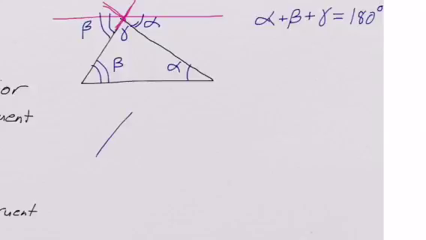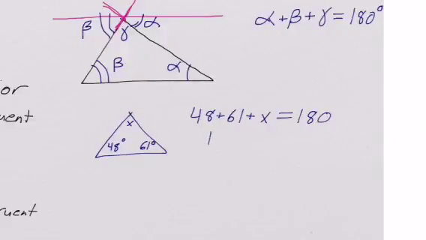So if I gave you a triangle where one angle is 48 degrees and another angle is 61 degrees, we want to know what the third angle is. Well, we know 48 plus 61 plus some quantity, we'll call it x, is equal to 180.